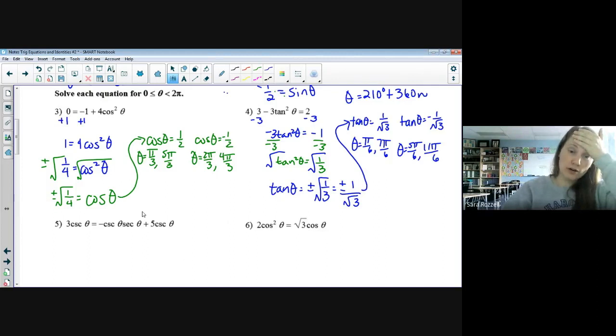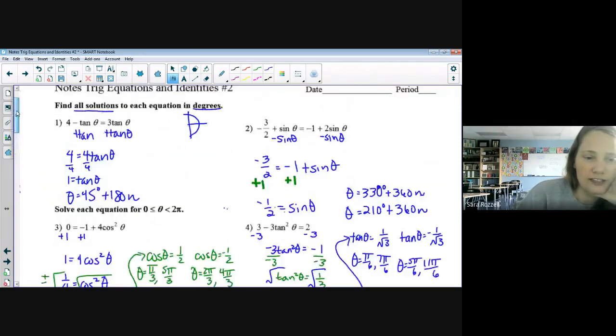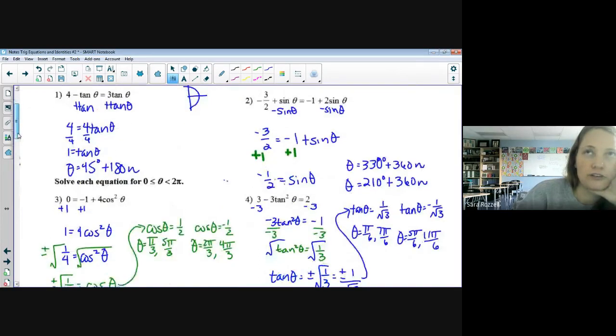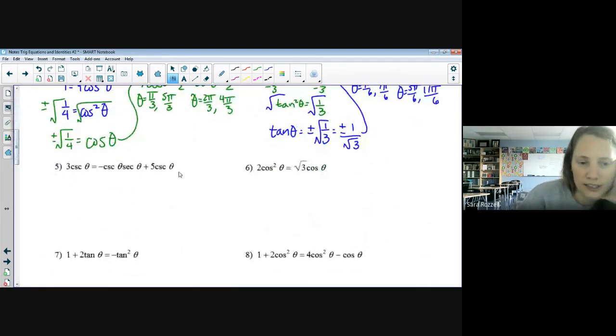If they're not the exact same trig function that you could combine, you're wanting to get it to equal 0. So in this case, we want to move everything to one side.